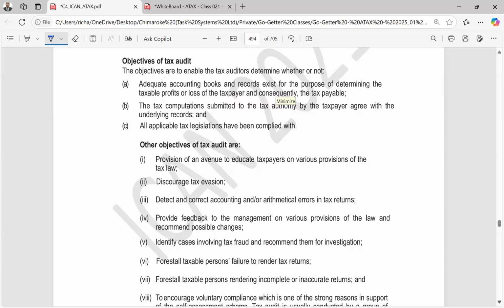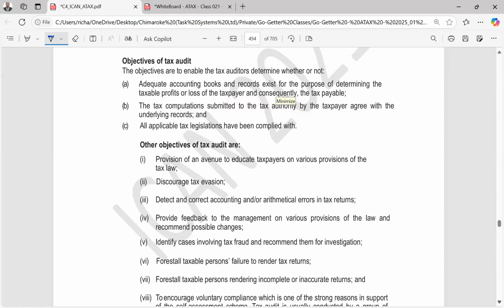Then sometimes it is not because of tax evasion that they are doing it. They want to also check, maybe there are some harmless, unintentional errors that may come, maybe error of transposition, error of overcast, undercast. For example, somebody wants to write 4,540, somebody may write 5,450.